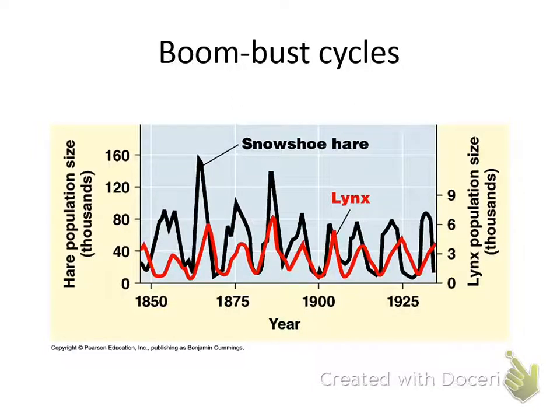Okay, so a boom-bust cycle, and you actually did this in class when you graphed the wolves and the fox population? No, wolves and deer. Okay, so the boom-bust cycle, and I actually want you to draw this with me. It's where as one population increases.